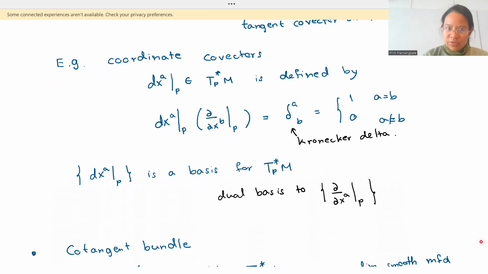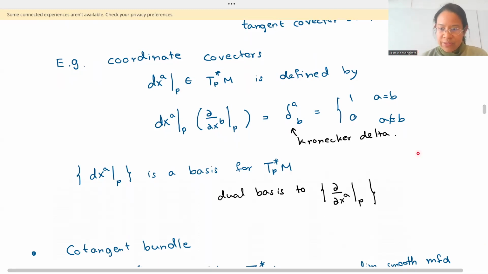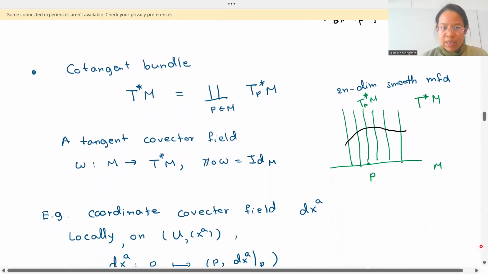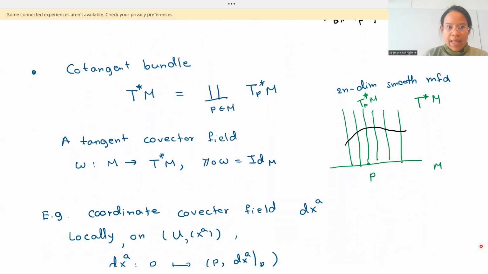Then we want to define covector fields over a manifold. Again, we use the cotangent bundle, which is a disjoint union of the cotangent spaces at each point. As when we defined a vector field, you have the cotangent bundle and a covector field.